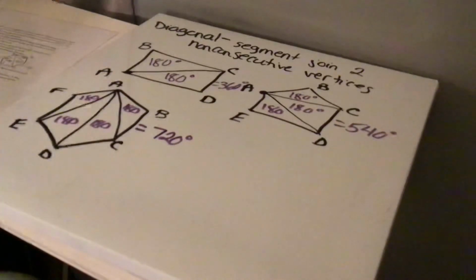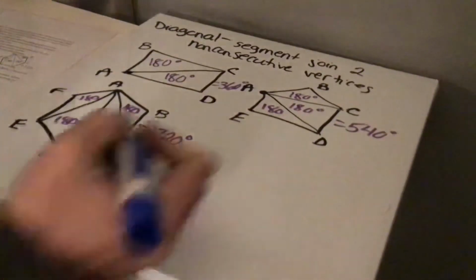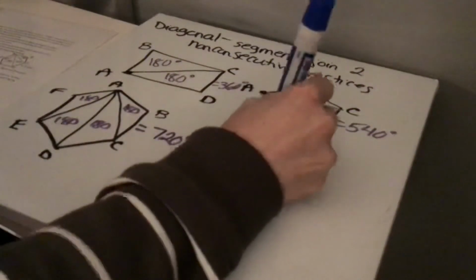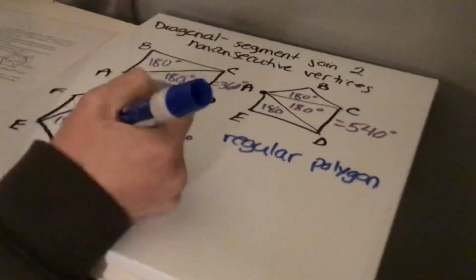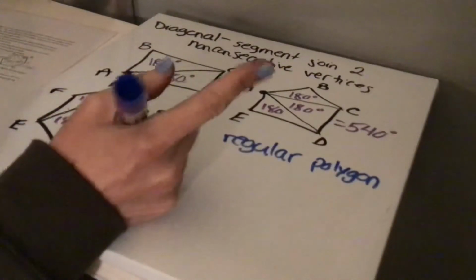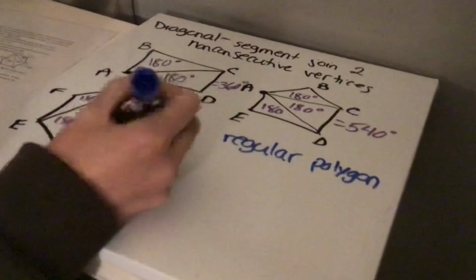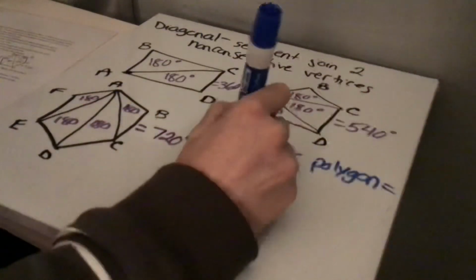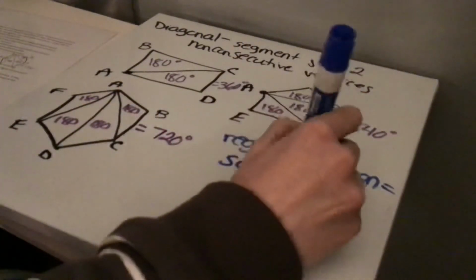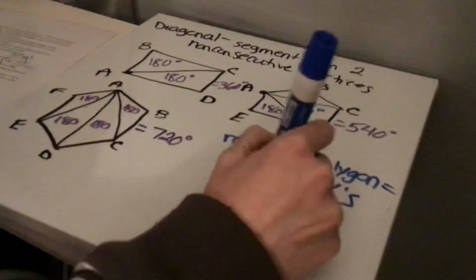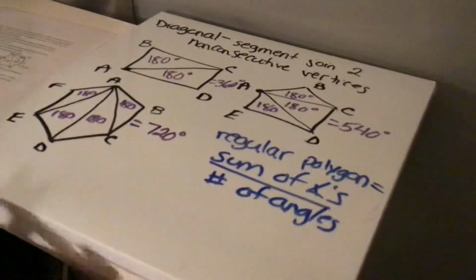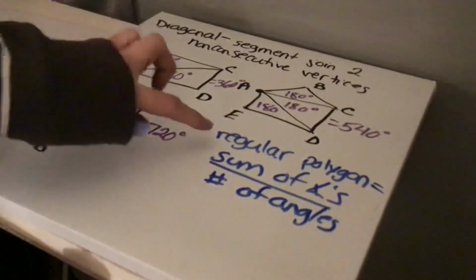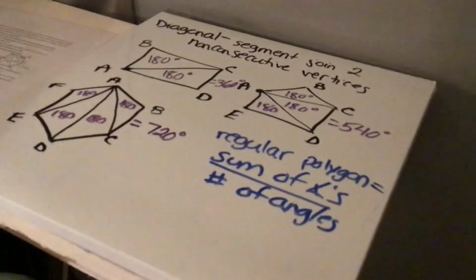So to find the measures of angles in a regular polygon, you are going to take the sum of the angles and divide by the number of angles. And that only works in a regular polygon, okay? Because you know that they all have to be the same.